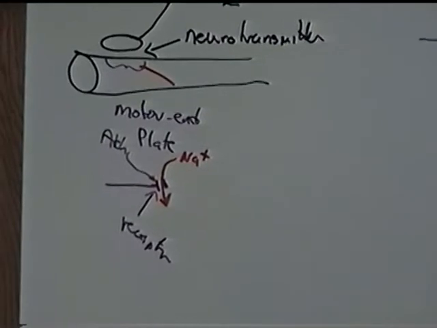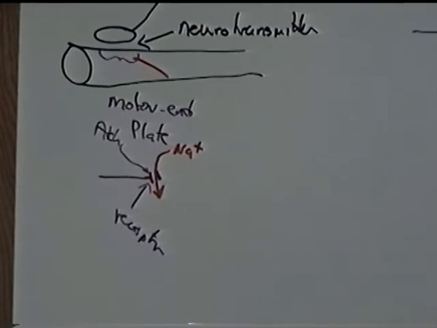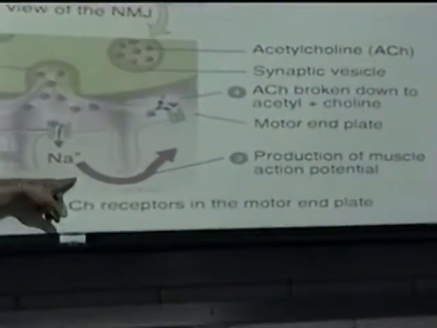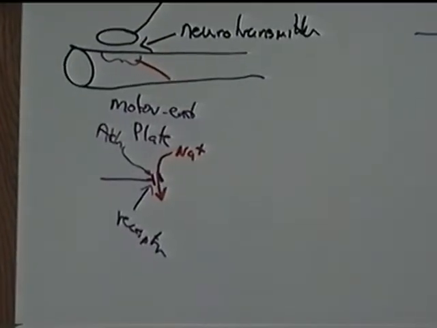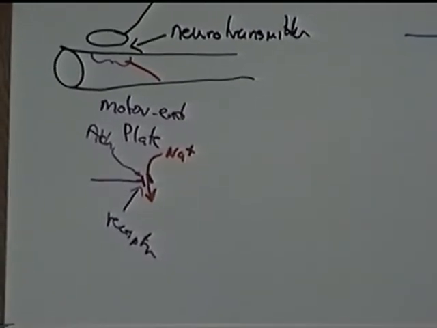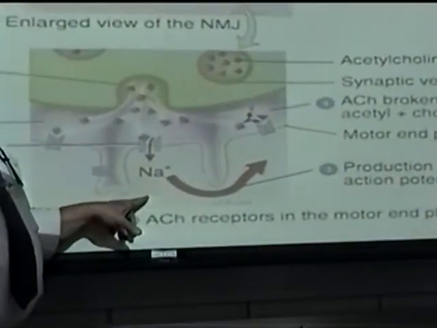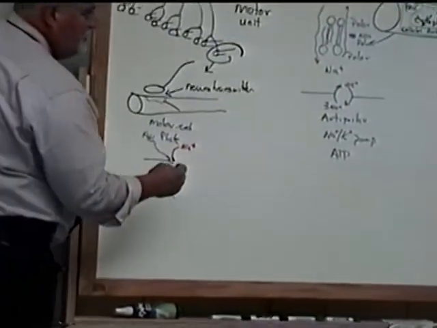It actually opens up what we call a sodium channel, and that's going to allow sodium to go from the interstitial fluid, which is out here, to the sarcoplasm, which is in here. Okay? So our receptor is actually what we call a channel protein.